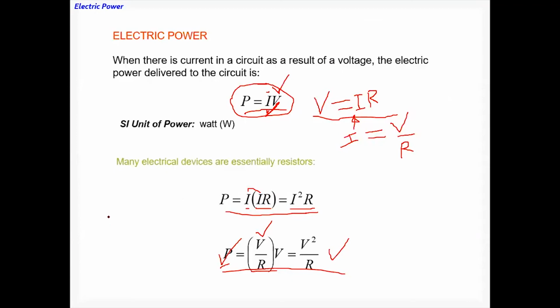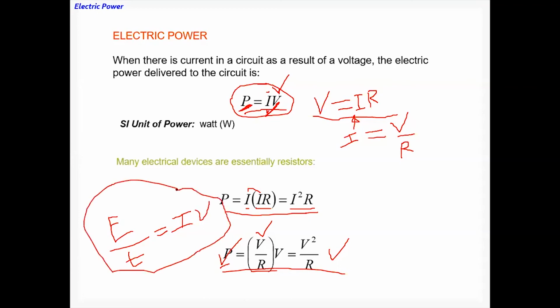Power equals energy over time, right? In our problem, power is I times V. So I rewrite this equation where the left hand side is P, which is E over T, and the right hand side is IV. I did not change anything on the right hand side.